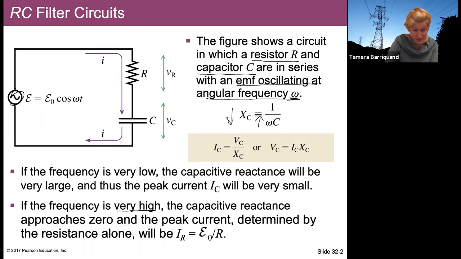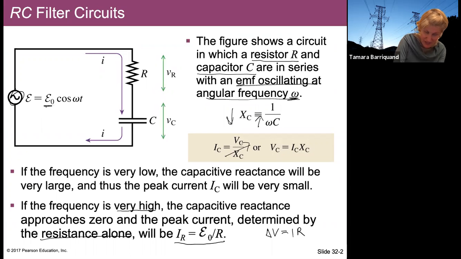And if it approaches 0, then the peak current will just be determined by the resistance alone. That is just Ohm's law, delta V equals IR. So in this case, our peak current will be the peak EMF over the resistance.